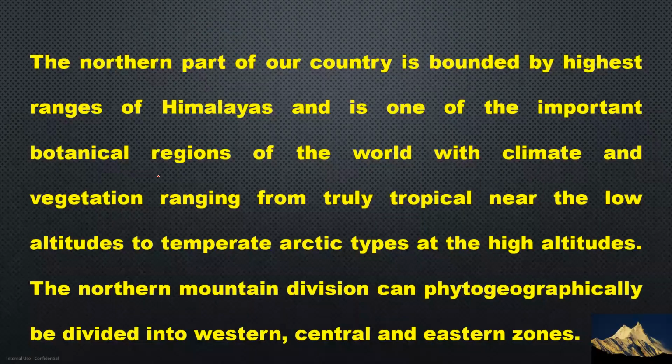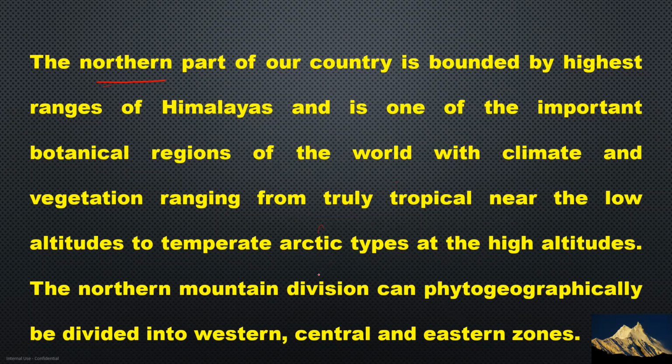Okay, so let's see what's there. The northern part of our country, you all know, is bounded by the lofty, majestic Himalayas and is one of the important botanical regions of the world with climate and vegetation ranging from truly tropical near the low altitudes to temperate Arctic types at the higher altitude.